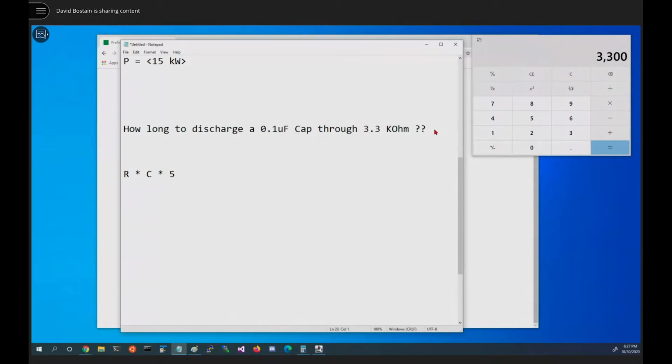Let's work that out over here. 0.000, that's the millis, that's the micros, and that's the 0.1. So this is the value of that capacitor in farads, which is exactly what we need.